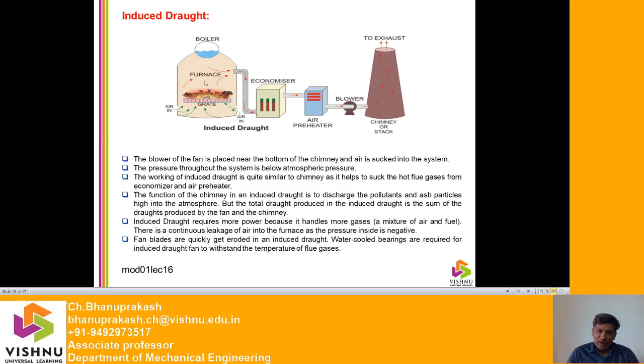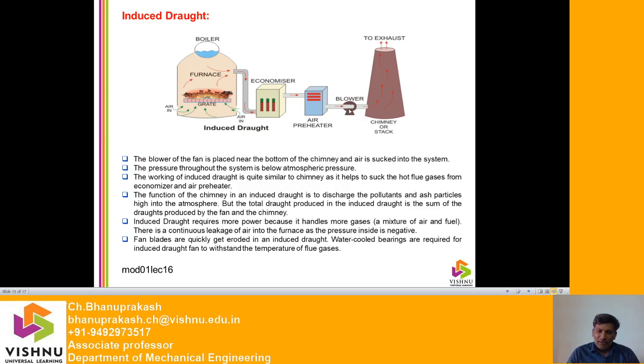Combustion is done and hot gases are produced. The hot gases pass to the boiler, then go to the economizer and air preheater, then enter the chimney. But here in this case, it is not like this. The blower draws the gases, so there is a continuous leakage of air into the furnace.